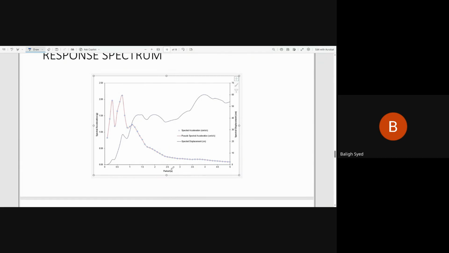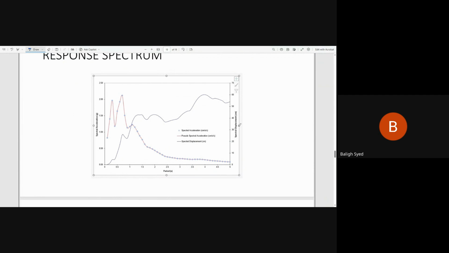On the horizontal axis, we have the period in seconds, right? Whatever, you can change the units. On this vertical axis, you have the spectral displacement. Now the word spectral, you understand. If I say spectral displacement, spectral velocity, or spectral acceleration, you understand exactly what we are trying to say.